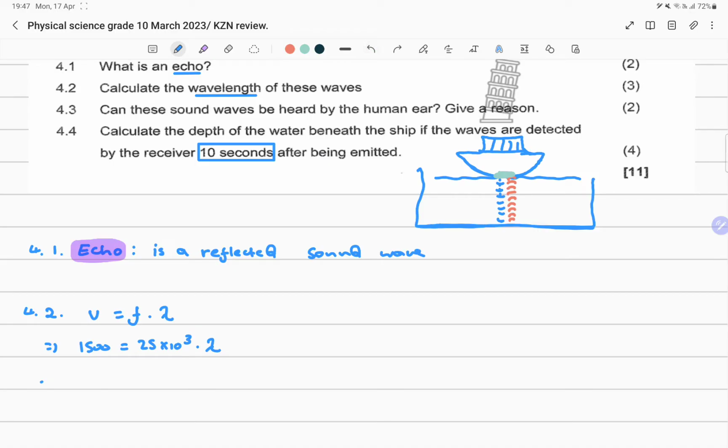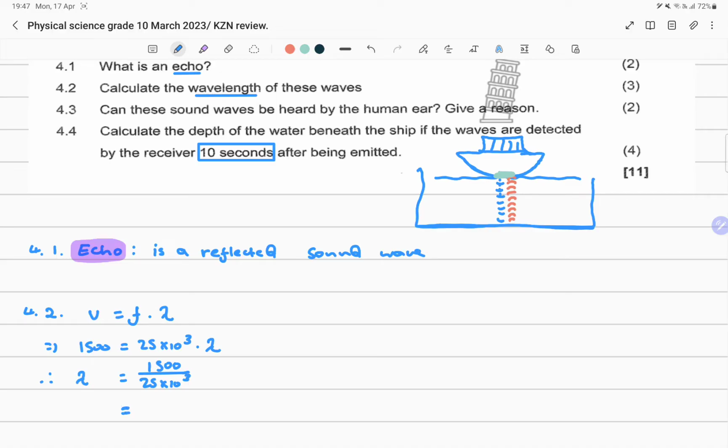Therefore lambda, which is the wavelength, is equal to 1500 divided by 25 times 10 to the exponent 3.